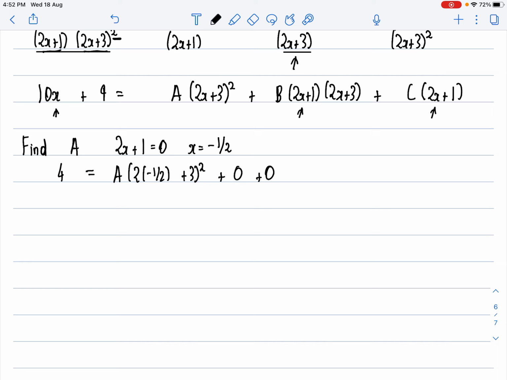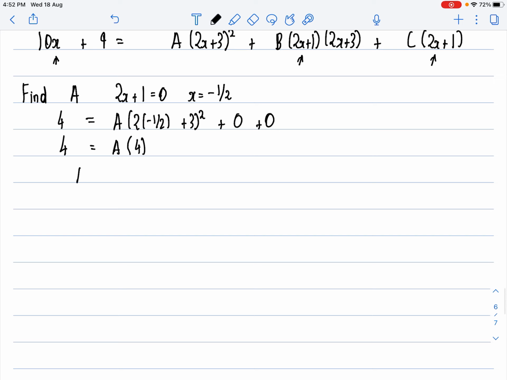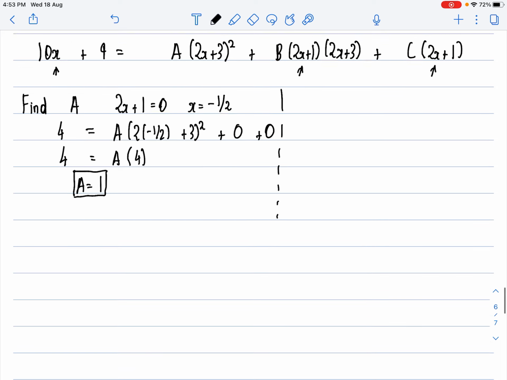That was my main motive. So I get my 4, which is equal to a into, here I simply get a 4, correct? So I get my a as 4 over 4, which is a equals 1, correct? This is what you need to know.